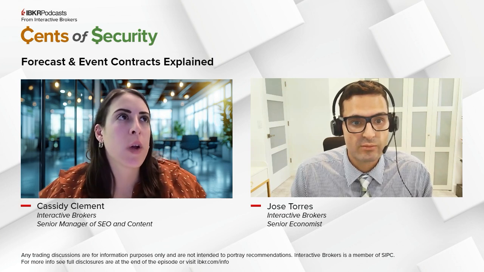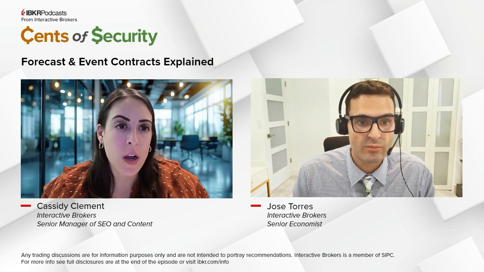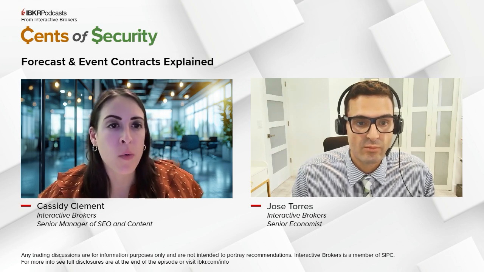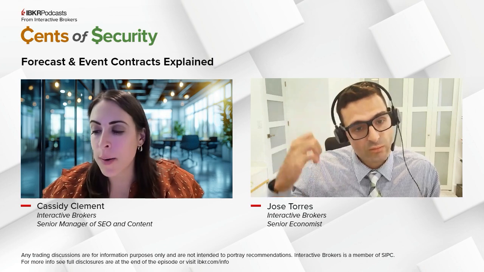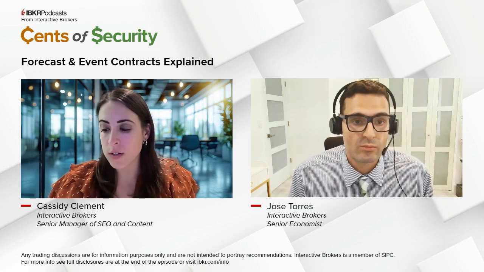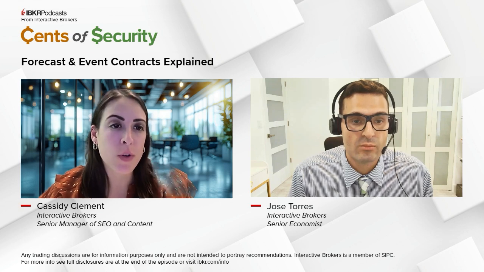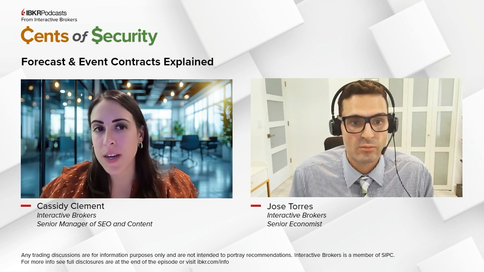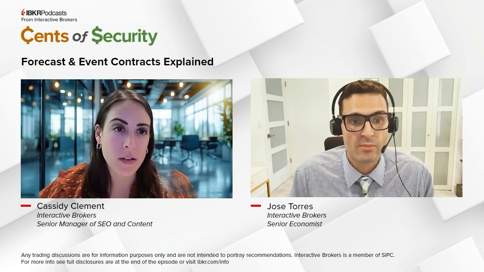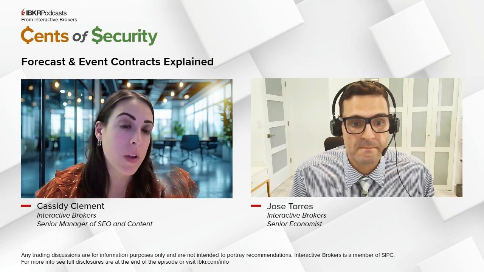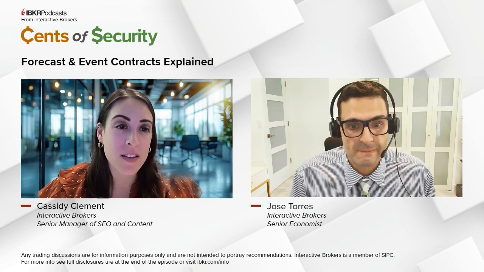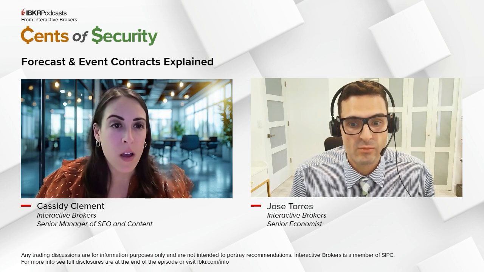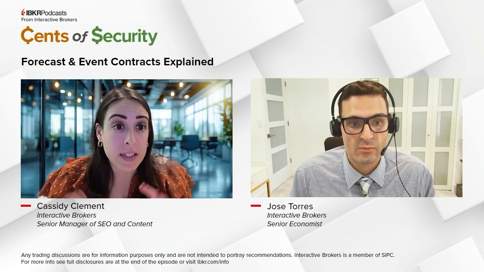Yeah, and when it comes to the economic indicators item, it's important to understand those core pieces before just getting into it, especially whether you decide to go with an event contract, which is more futures aligned, or the more opinion aligned or economic indicator aligned forecast contract. Just because, as you said, you might think you have a hunch, but it's important to understand the underlying pieces of that contract or of that idea.